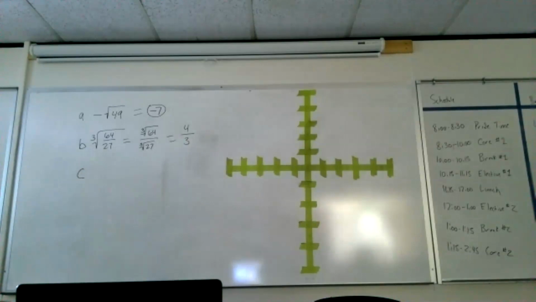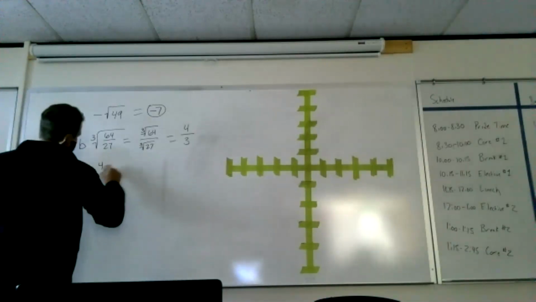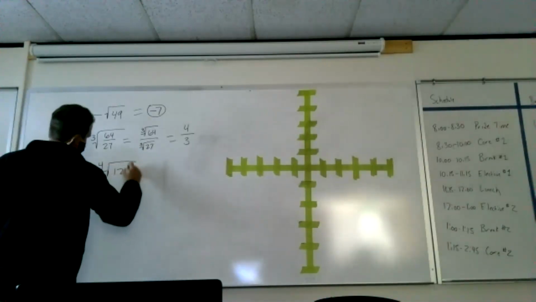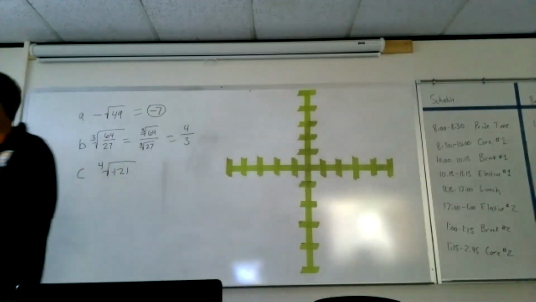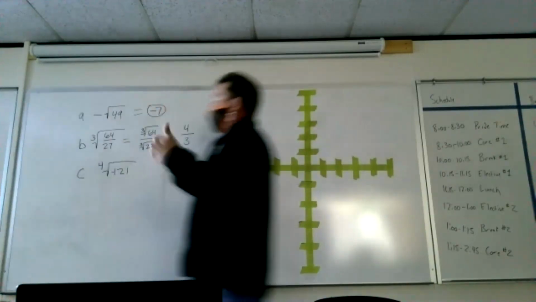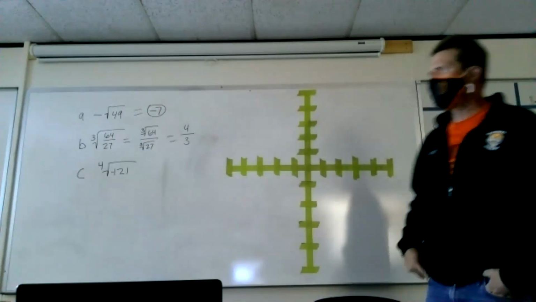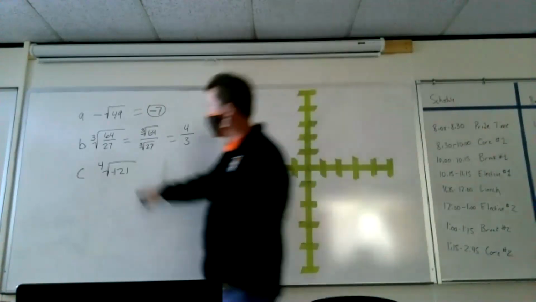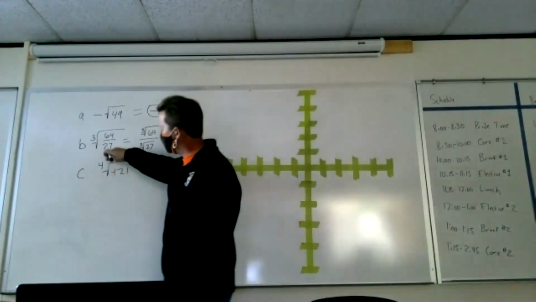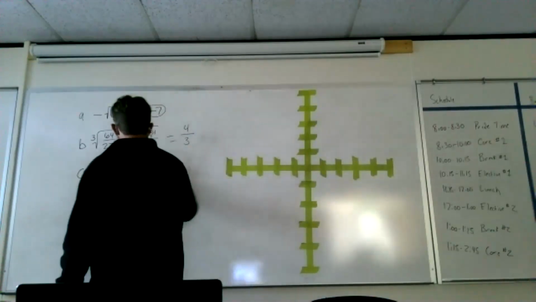Letter C. It asks us to find the fourth root of negative 21. Here we want to pay attention because this falls into that table that's at the top of page P14. We have a negative radicand with an even index. So if we look at that table, it says that when A is negative, like it is here, and our index is even, like it is here, this corresponds to no real roots.